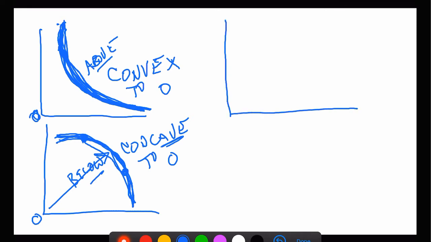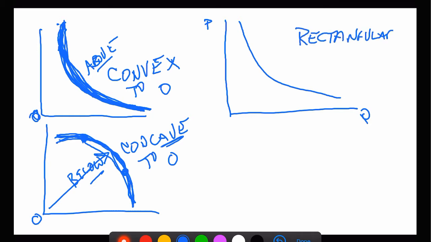This also shows up in things like demand curves. So we actually have a curve called a rectangular hyperbola, which is, obviously, we could do this, but we're not, convex to the origin. Rectangular hyperbolas show up in two very specific but interesting cases in economics.